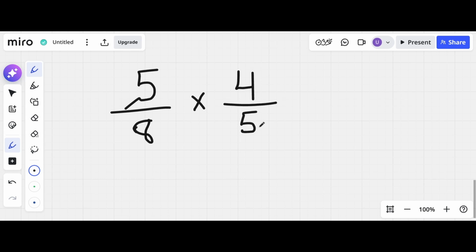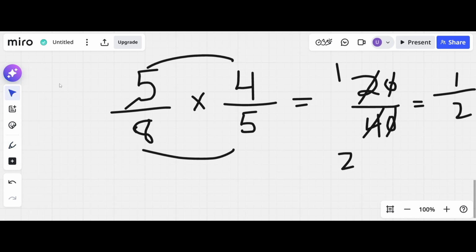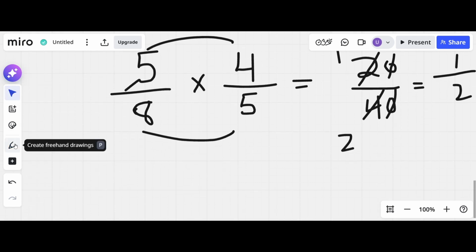I'll do the first method first, which is I multiply the top and I multiply the bottom. And then I reduce it, right? The zeros cut off, 2 times 1, 2 times 2. Now, the second method is what we call the cross cancellation method.